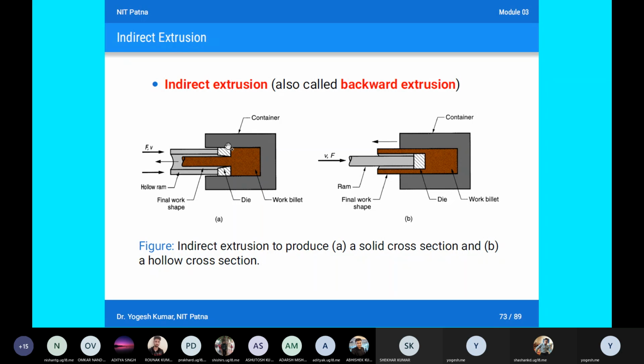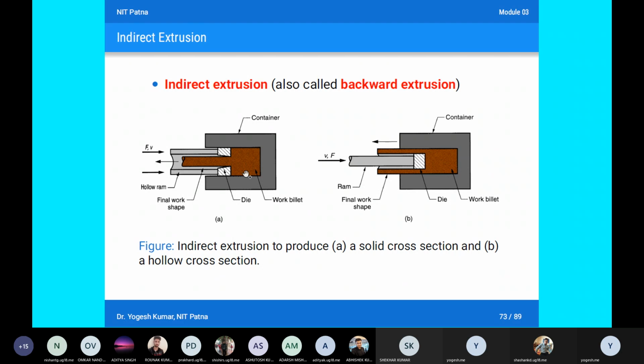This work blade is kept under your container, and here you can see the direction of force. Force is being applied from left to right on your ram. As soon as this force is applied from left to right, what is happening? Your die block is moving. As soon as this die block starts moving towards left, what happens?